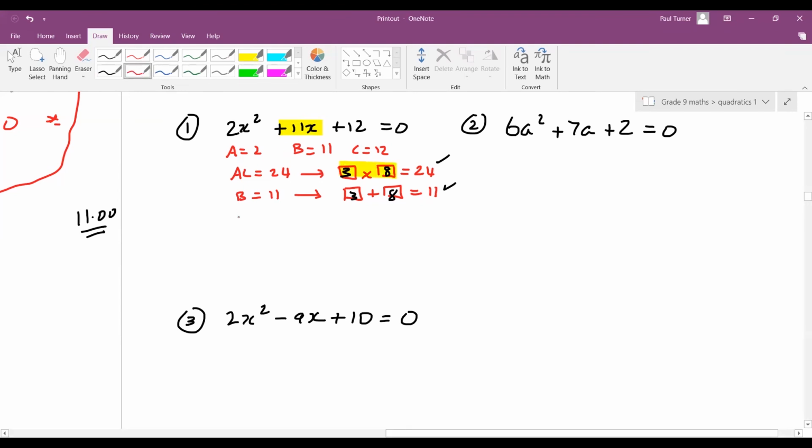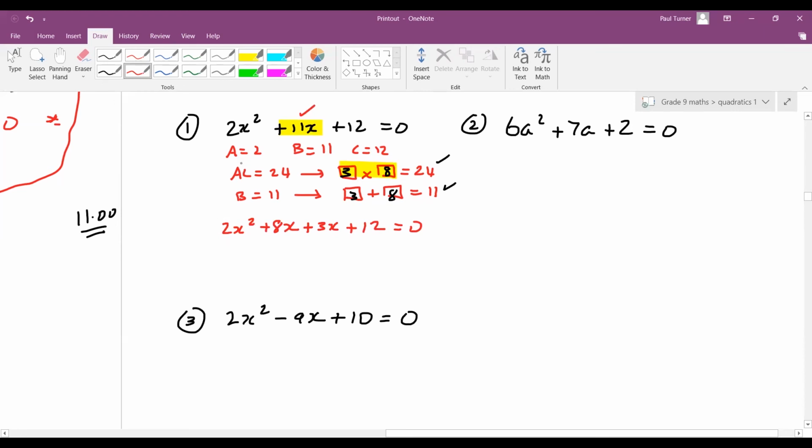So we'll write our equation. So 2x squared. Now I'm going to put the 8 first, plus 8x plus 3x, which is 11x, okay? And then plus 12 equals 0.